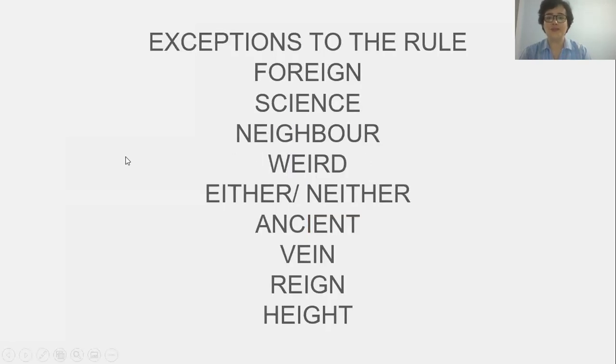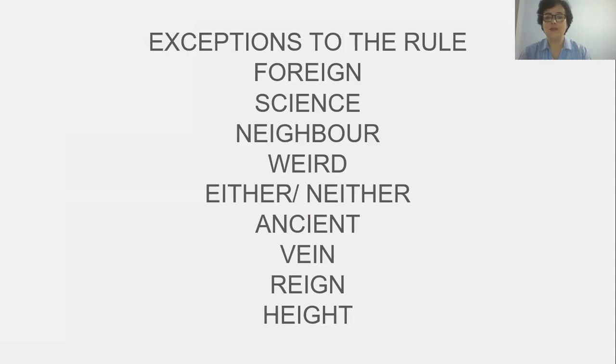Deceive is DECEIVE. Perceive, PERCEIVE. Why is it EI and not IE? Simply because there is a C before the E and the I. That's the IE rule. Exceptions to the rule are here, but you don't have to bother about the exceptions. We're just learning the rule.